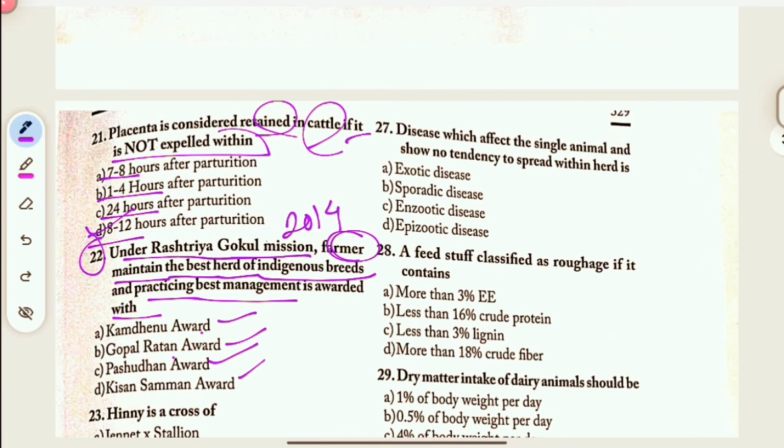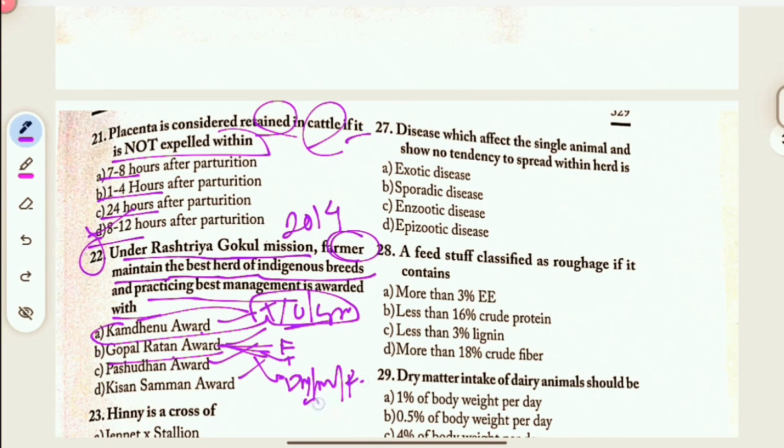The Kamadhenu Award is given to trusts, organizations or groups which maintain indigenous breeds and practice the best managemental practices, not to any individual, technician or farmer. Whereas the Gopal Ratna Award is usually awarded to a farmer or a technician or any dairy or milk producing farmers' organizations.